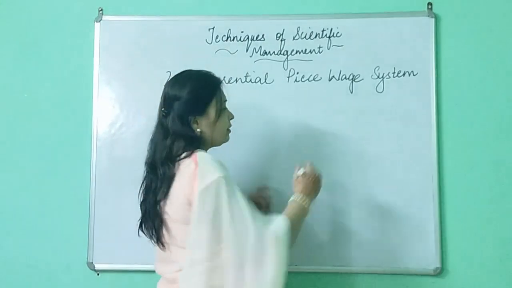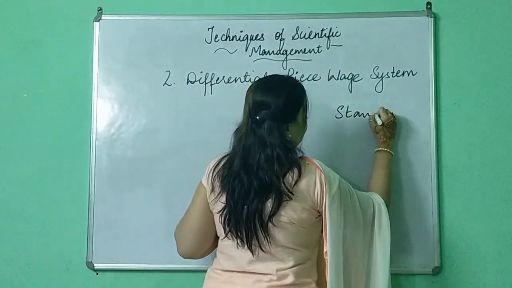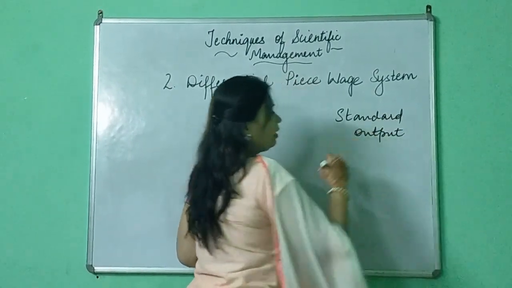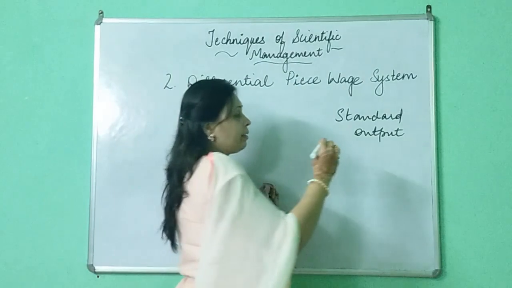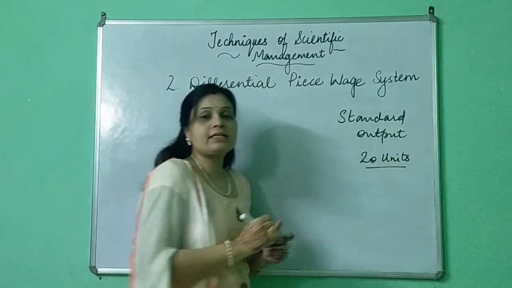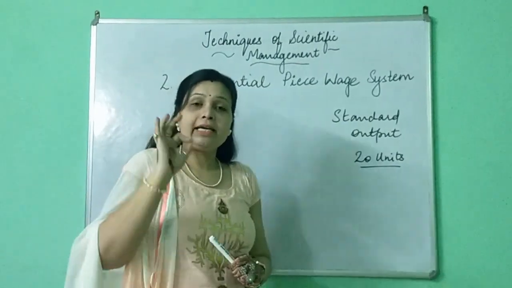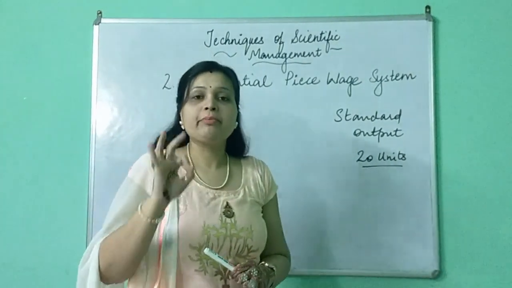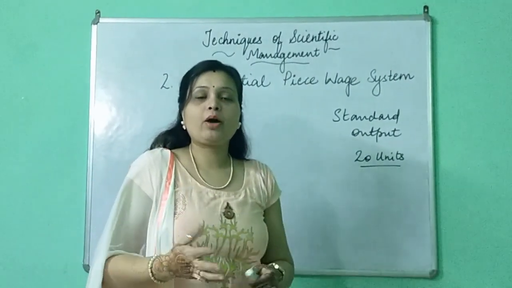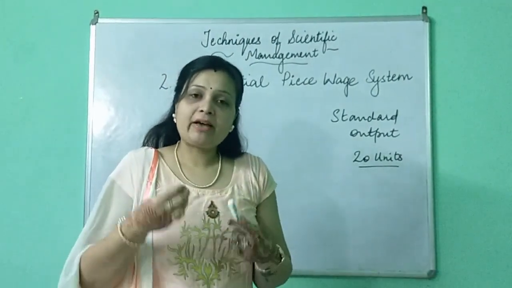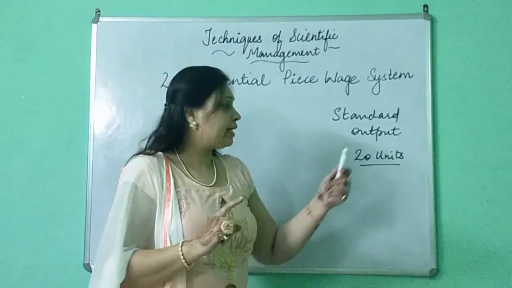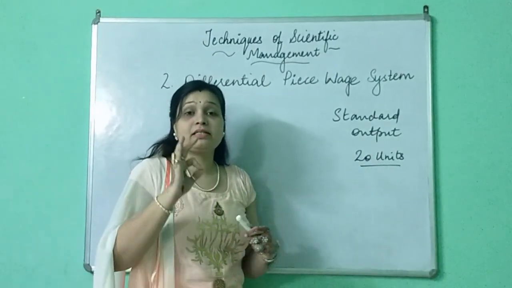Standard output means that in a day, for example, each worker should make 20 units of product. Whatever product we are making, a toy or a tiffin box, each worker should produce at least 20 units in a day. This is the standard output.